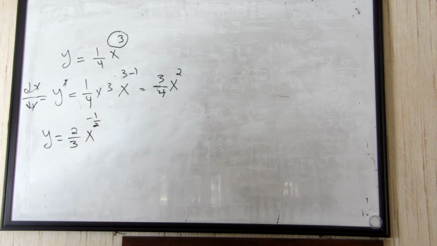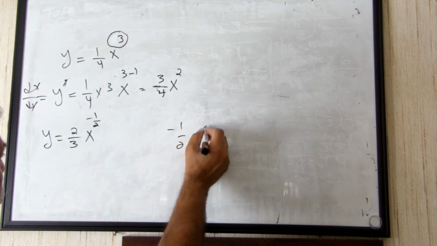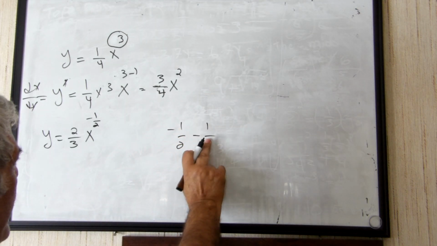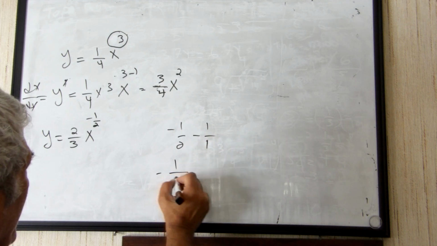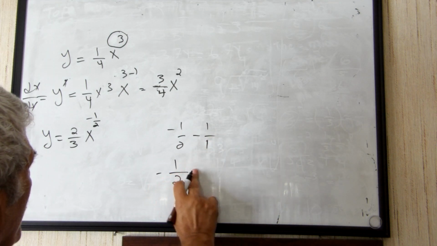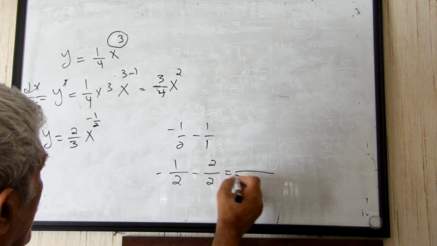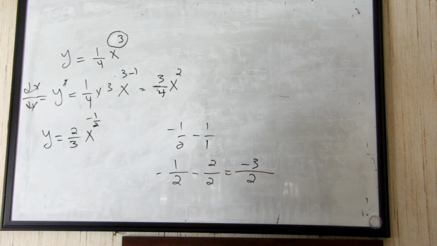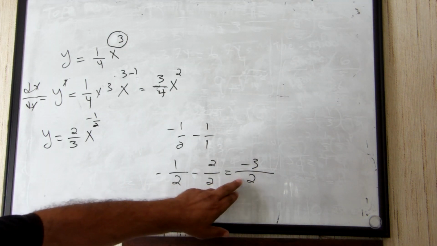Okay, well, what is going to be? This is going to be minus 1 over 2 minus 1, which we can write like this. And then we have to make a common denominator, we can write minus 1 as 2 over 2. So it's going to be 2 minus 3 over 2.